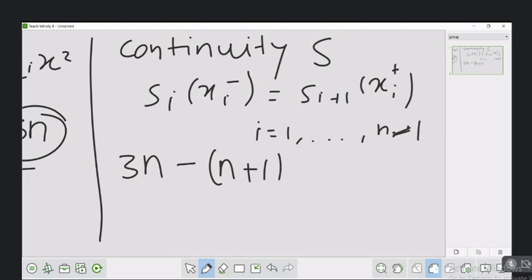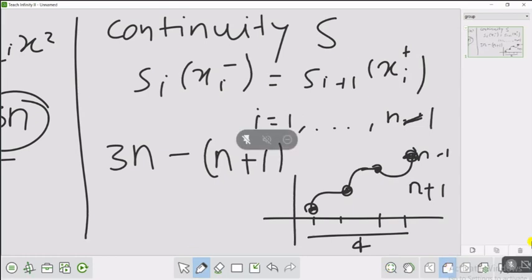Then how many equations do we have here? n+1 equations from there too, or you can just write them in points, so the total will be n+1. So just subtract n+1 again.